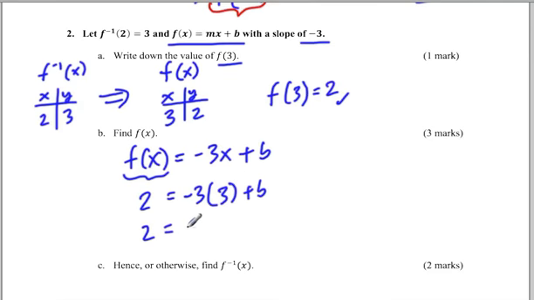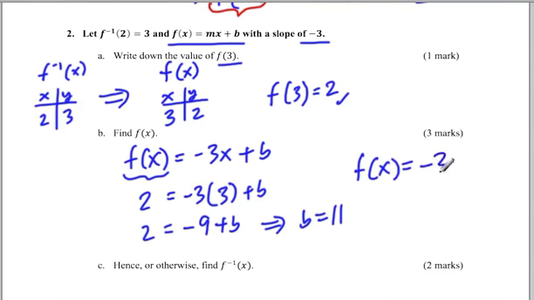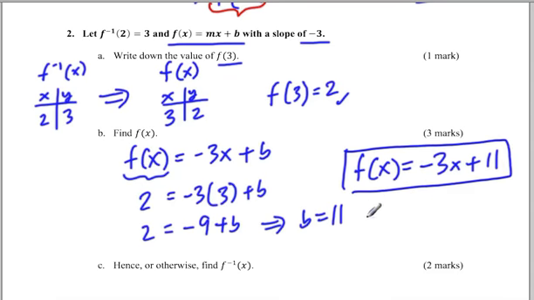So 2 is equal to negative 9 plus b, which means that b is equal to 11, because if you add 9 on both sides, 2 plus 9 is 11. So what is f of x finally? F of x is simply negative 3x plus 11. And that's our solution. That's a lot simpler than maybe you originally might have thought.